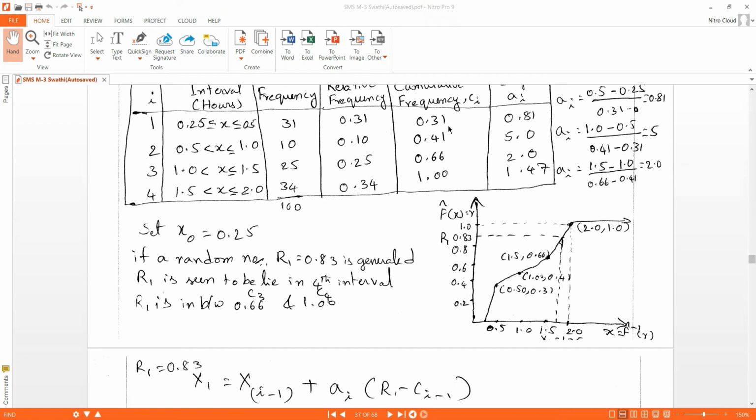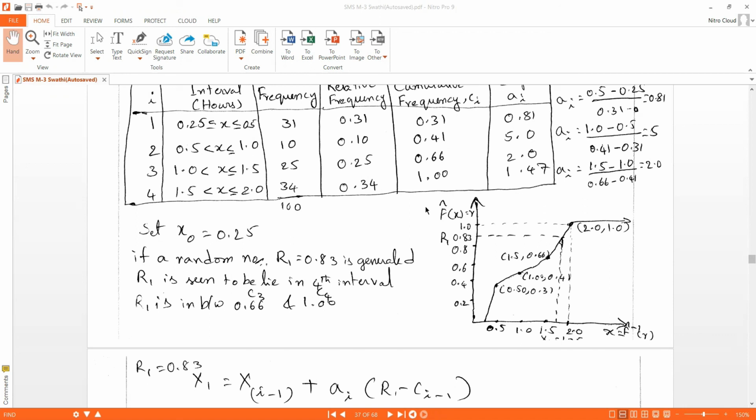It comes between C1 and C2. C1 is 0.31 and C2 is 0.41. That is, C1 is less than R2, less than or equal to C2.